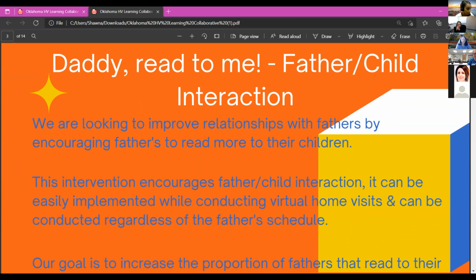We titled it Daddy Reached Me, and it was all about father-child interaction. We were looking to improve relationships with fathers by encouraging them to read more to their children.